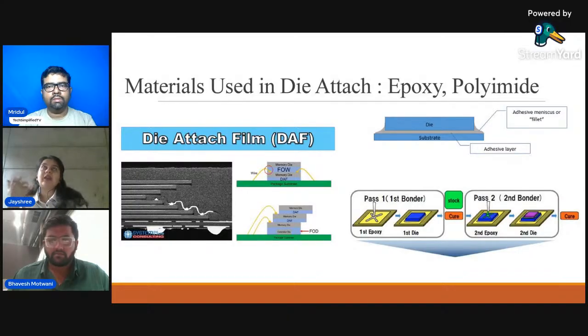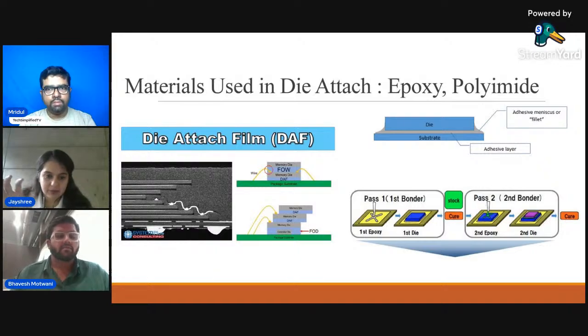Basically, it's a thermosetting polymer that cures under heat. We provide heat, and it's available as one part pre-mixed or two parts, resin and hardener. Advantages: it's low cost, widely available, good for mechanical bonding, and works for low to medium power applications.